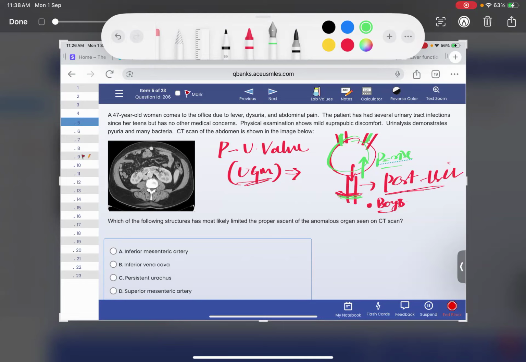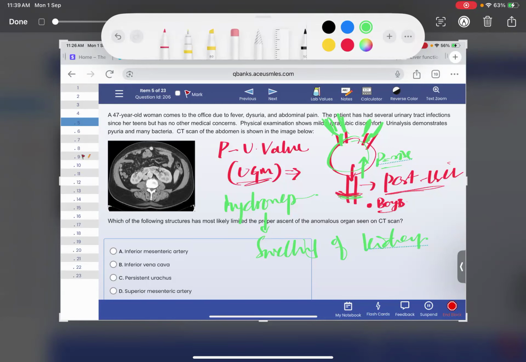It's an easy concept. The pressure will go back and affect the kidneys, causing hydronephrosis. What is hydronephrosis? Swelling of the kidneys. So we are clearing some basic, high yield concepts.